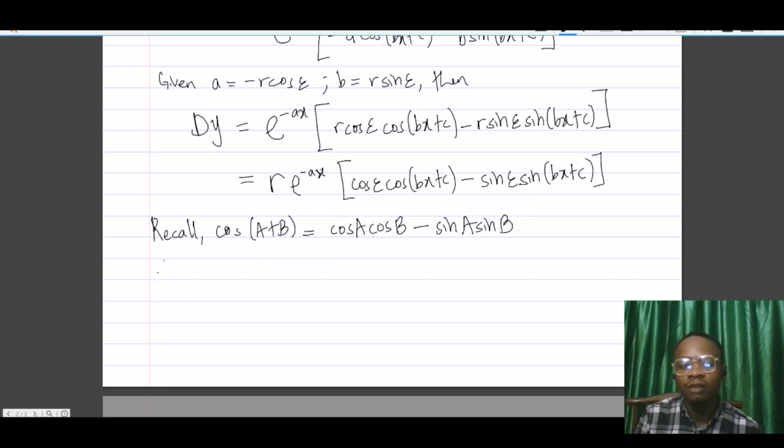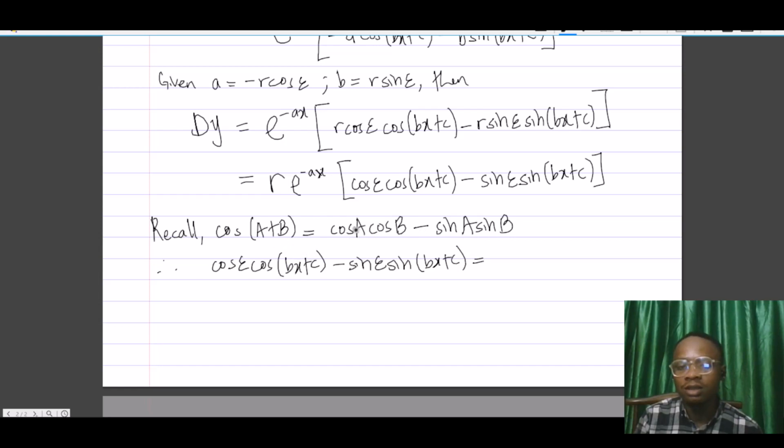So cos epsilon cos bx plus c minus sine epsilon sine bx plus c is going to be equal to the addition of the two.